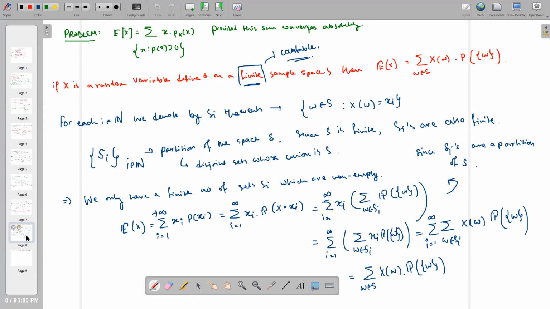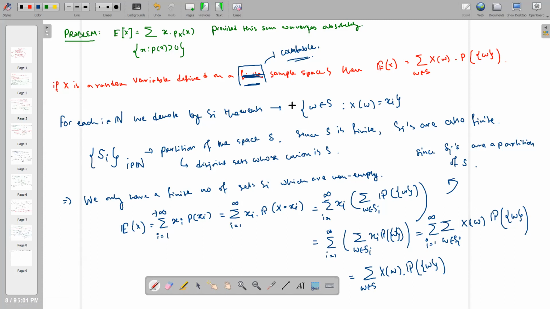No, that's what I'm saying: you can replace this finite by countable. Countable does not mean finite; countably infinite can also be there. All I mean is that I can enumerate my set with 1 to n, but that can be infinite also.